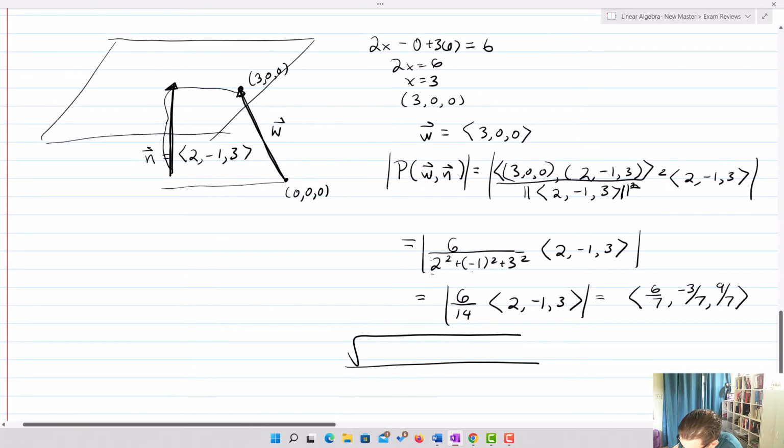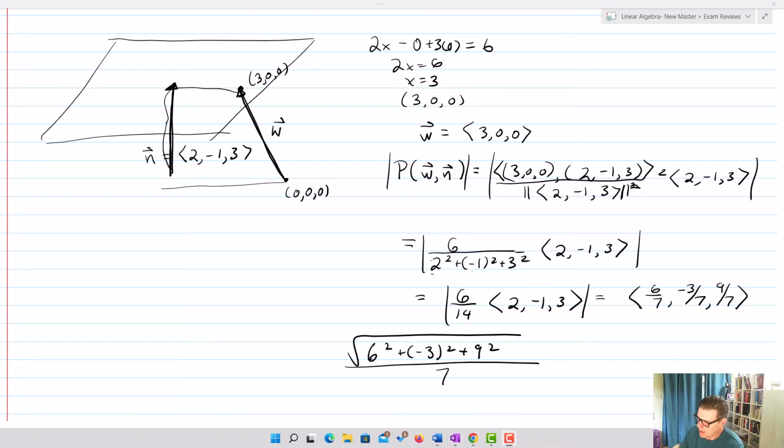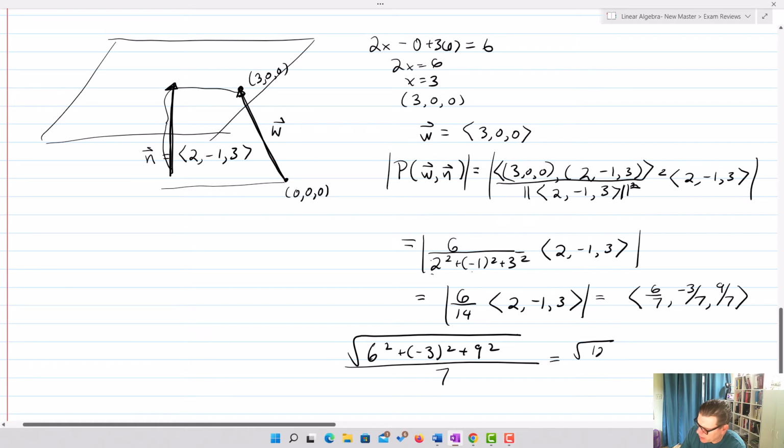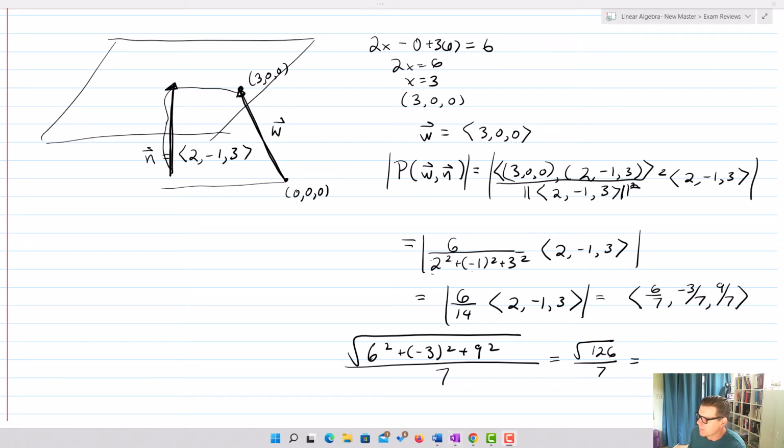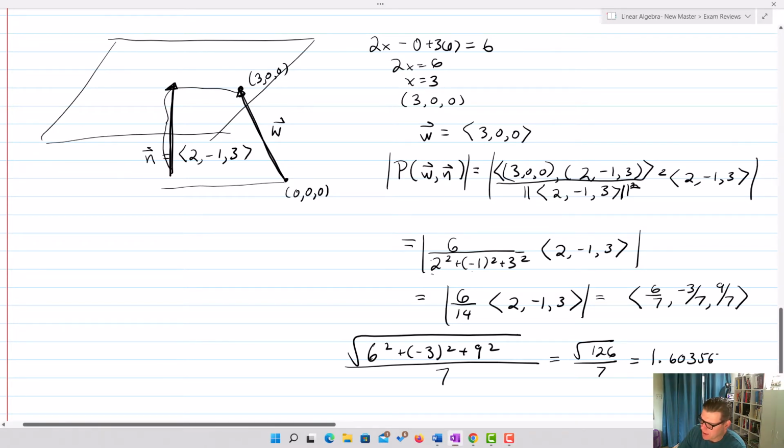Its magnitude then is going to end up being the square root of, well, it'll all be over 7 because these are all over 7. We square it and then take the square root: 6 squared plus negative 3 squared plus 9 squared. That gives me the square root of 126 over 7, which equals 1.603567, or out to 4 decimal places, 1.6036.